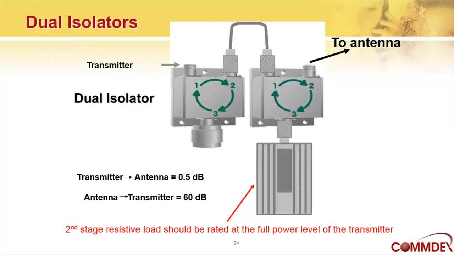But some of it will still sneak through from 3 to 1 and go into port 2 of the other one, and that residual power will then get absorbed by the smaller load in the first isolator. So that's called a dual isolator or a two-stage isolator. And you'll see these all the time, and they're used as a part of a transmit combiner system to provide translation.